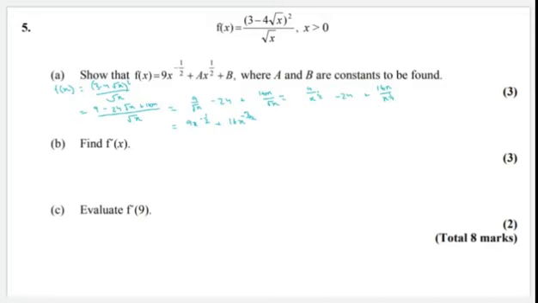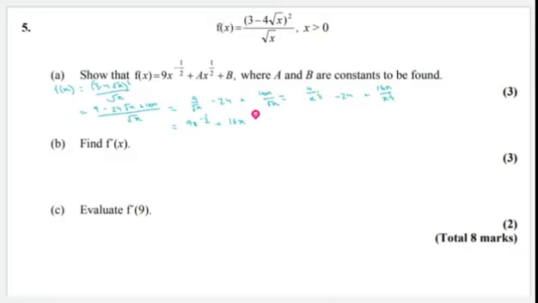And if that's the case, then I need to multiply 16x by x to the power of negative a half. So when I'm multiplying them, I'd have to do 1 take away a half, which is not minus 3 over 2. Yes, it's not. I don't know why I put that.